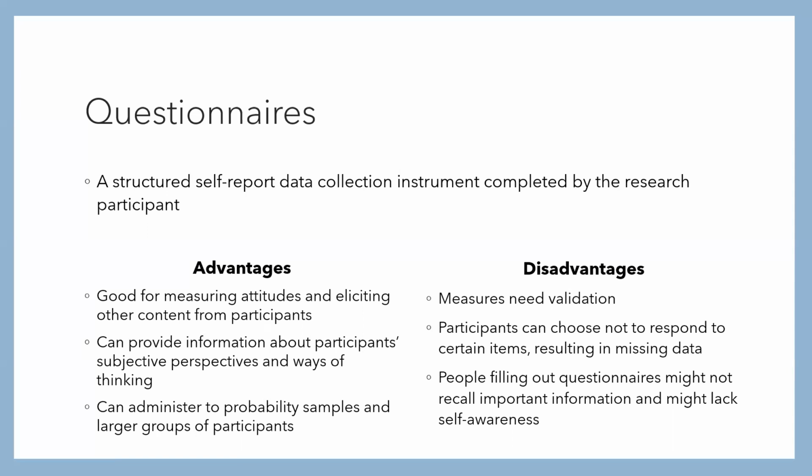So therefore, many widely used pre-existing questionnaires, some of the ones that you're using, go through extensive research-based validation processes before they are actually used to make sure that they are measuring what we are really interested in.